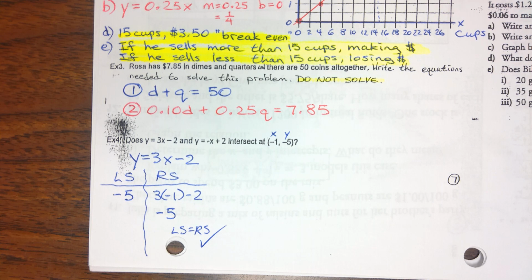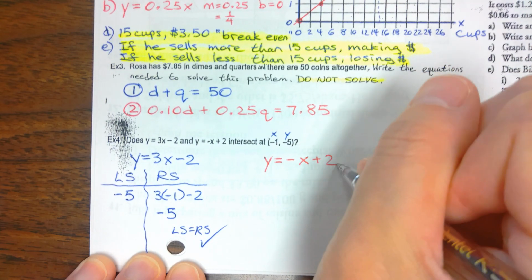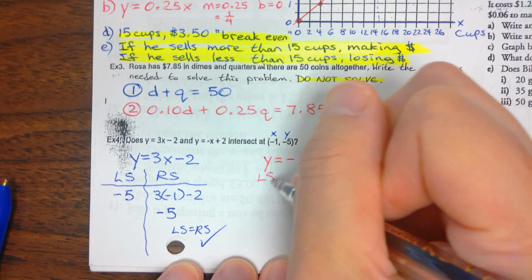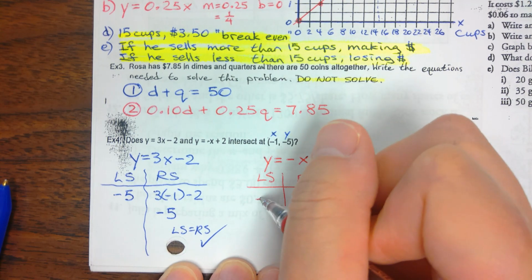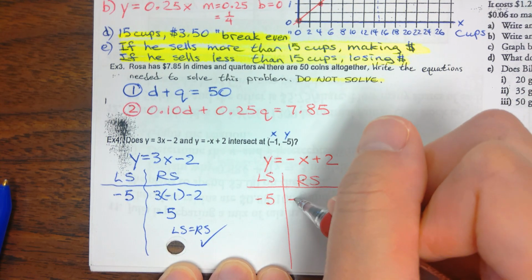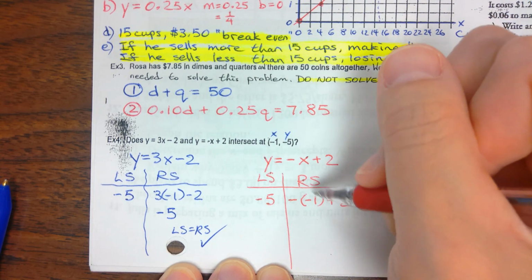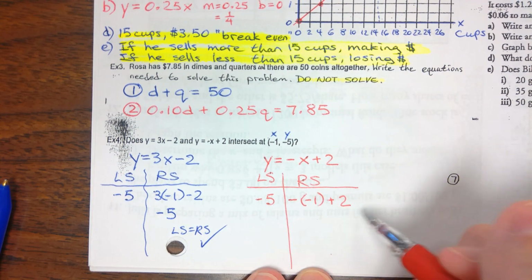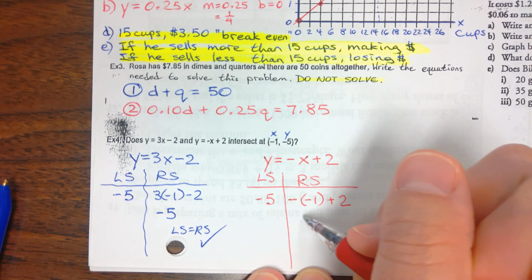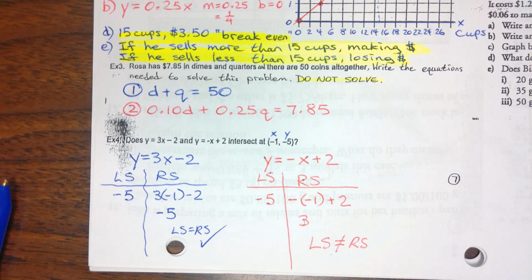What do you think I have to do next then? You have to substitute it into the other one too. Now I have to do the same thing for this line. Left side, right side. y is -5 and x, be careful how you substitute here, is -1. -1 plus 2 is 3. So does left side equal right side? No, they don't equal.